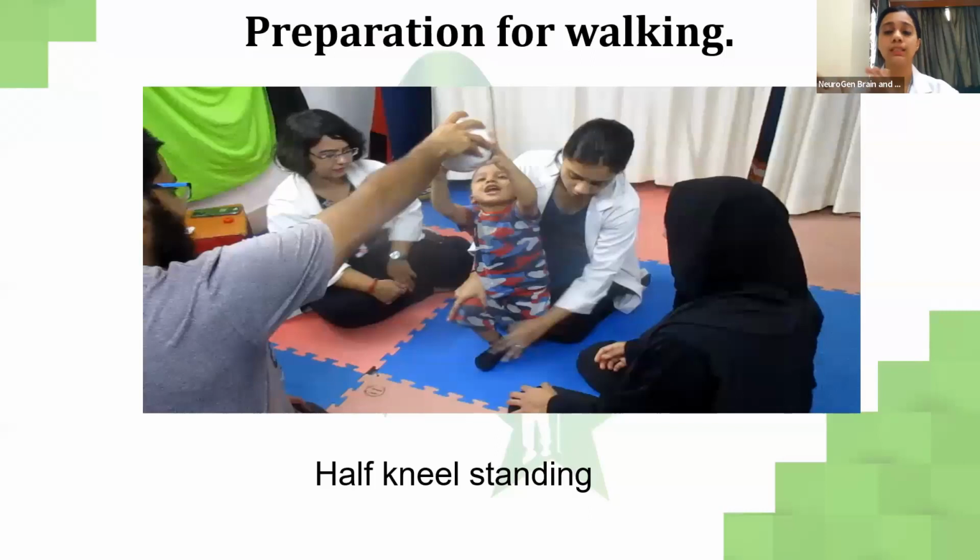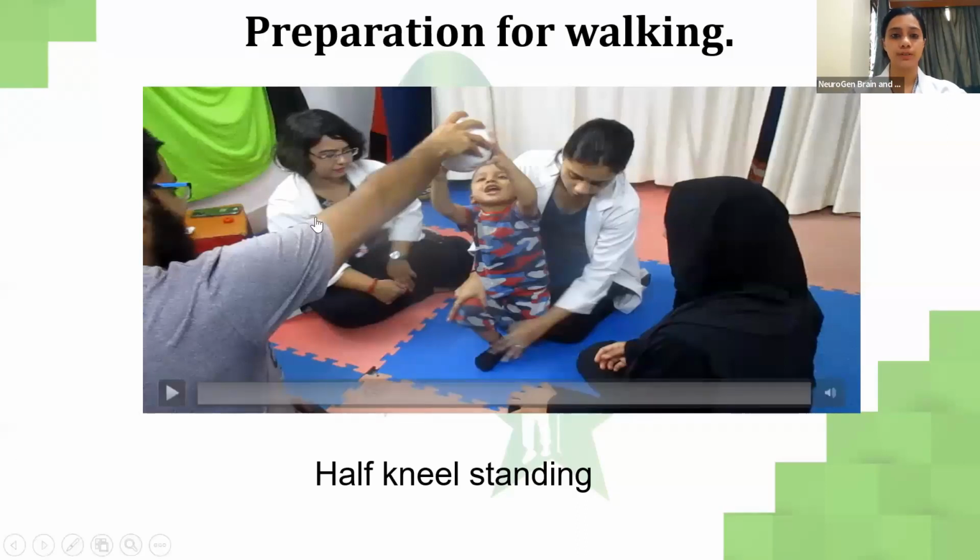If the child's level is 5 and 4, we cannot expect that child to walk so soon, so interventions need to be planned accordingly. But if the child has level 3, level 2, or maybe level 4, then we can push that child to walk. So, understanding the level of the child and transforming that child is very important.